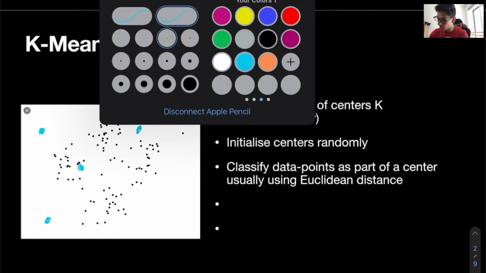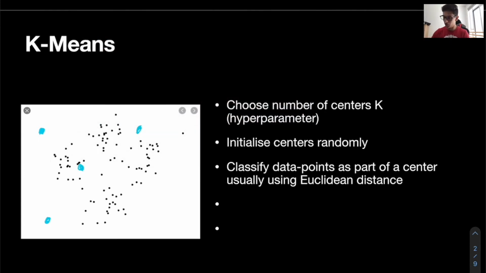For each data point, let's say this one, we find the distance between that data point and each and every one of those centers, and the one that it has the minimum distance from, we classify it as being part of that center's group. So in our case, this one at this point would be part of this center.